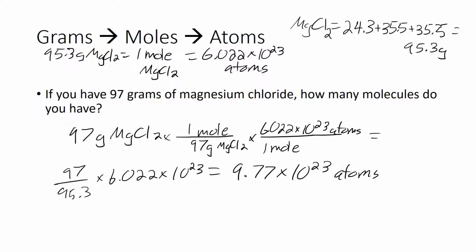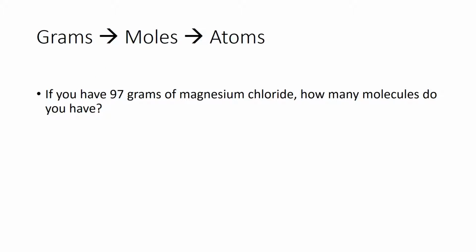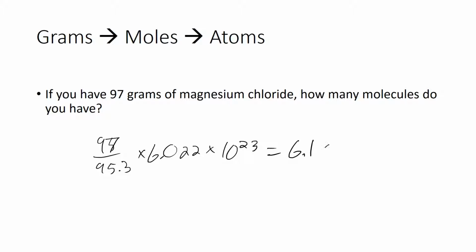Oh no, actually that's not right. The proper math is, so it comes out actually to 6.1 times 10 to the 23rd atoms of MgCl2.